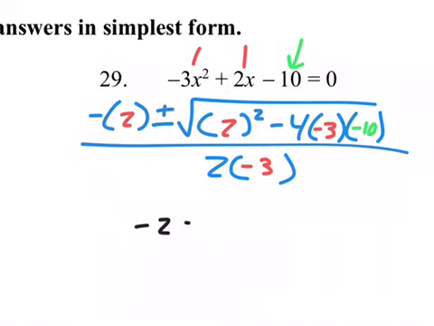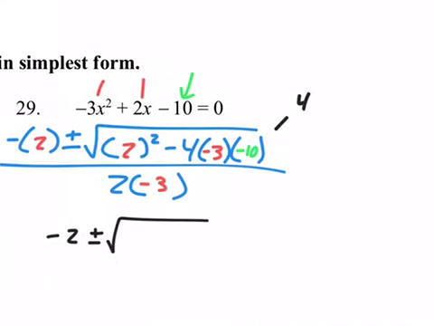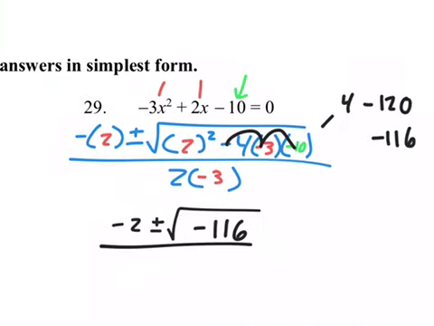So simplifying, we got a -2 plus or minus square root of stuff underneath the square root. We've got a 2 squared for 4. I've got 3 negatives, so I've got negative, negative, negative. 2 of them will turn positive. 1 more will leave me negative. So on this, 4 times 3 is 12. 12 times 10 is 120. So 4 minus 120 is going to give us a -116 in there, all over -6.